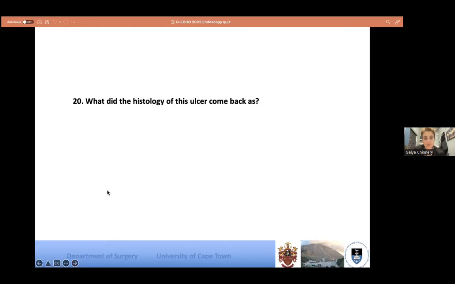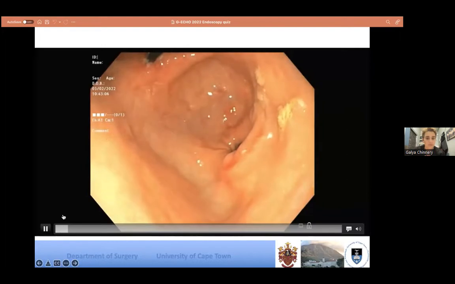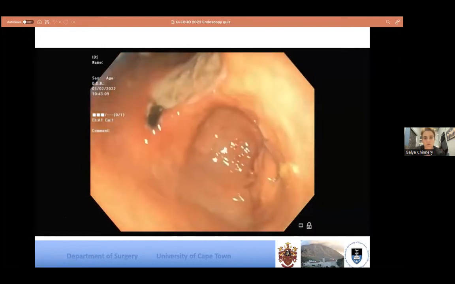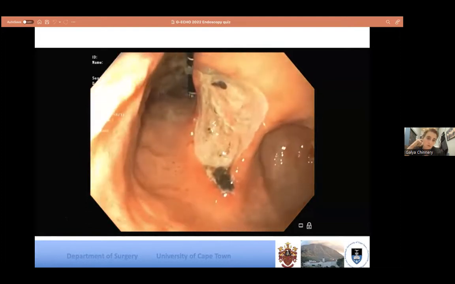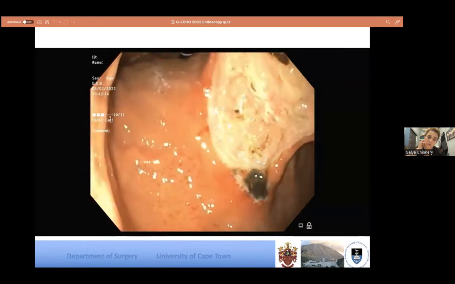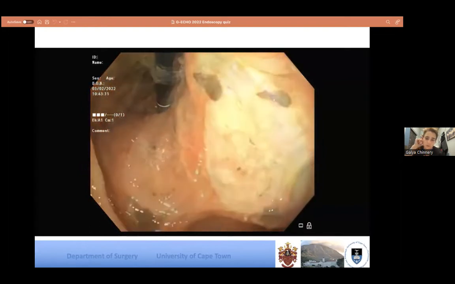Then I'm going to show you an ulcer, and I've taken biopsies. I want to know what you think the pathologist told me. Okay, so we're in the antrum, and there's a giant ulcer of the distal lesser curve or above the incisura.